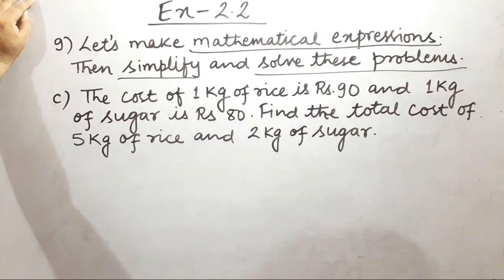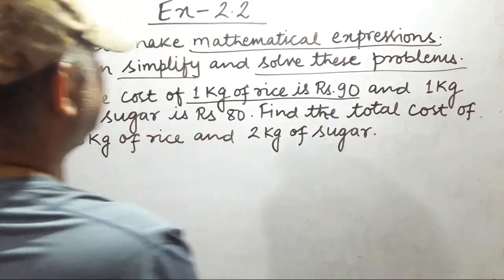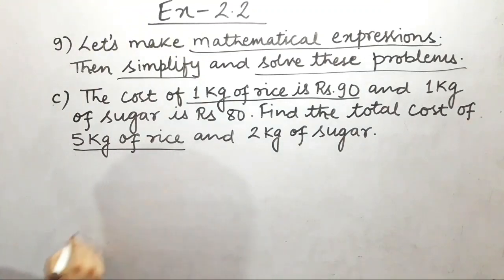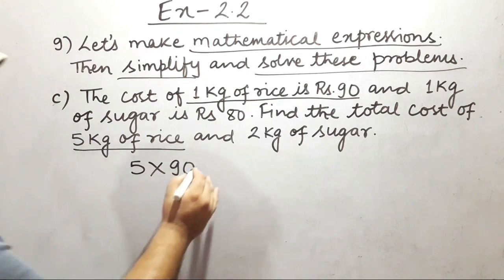Here in this question, the rate of rice and the rate of sugar is given separately. And we have to find out the total cost of 5 kg of rice and 2 kg of sugar. Since 1 kg of rice is rupees 90, 5 kg of rice would be 5 into 90 plus.